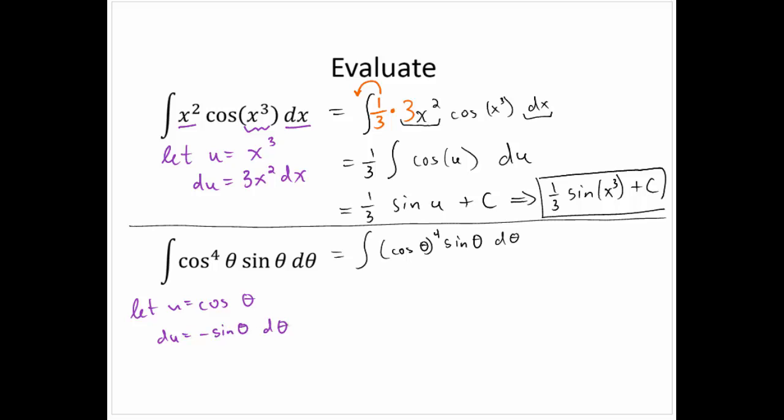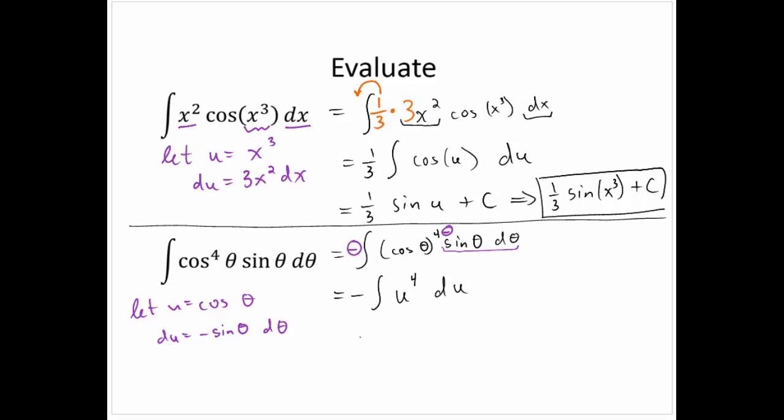And I see that I've got the sine theta d theta, I just need a negative. So I bring in a negative. Well, I've got to undo that negative. I bring in another negative. I'm going to put it outside, because that's just a negative 1. I'm just multiplying by negative 1s. So I can bring that negative 1 outside. So I'd have negative integral cosine theta, that's u, so u to the 4th, and then I have negative sine theta d theta, that's du.